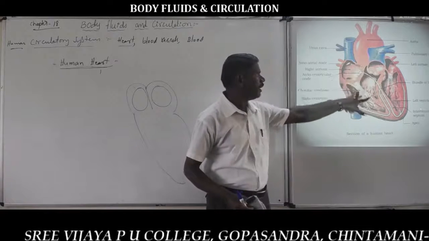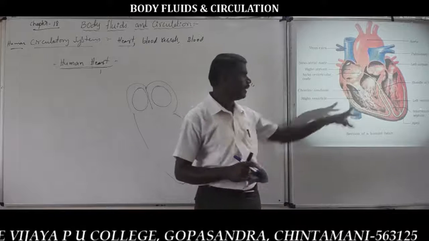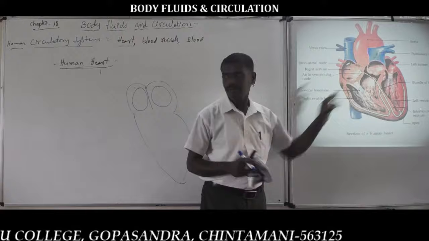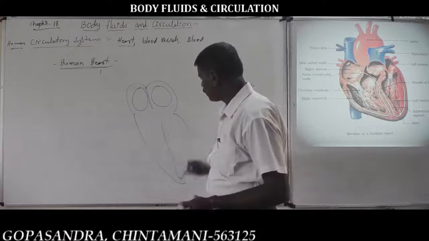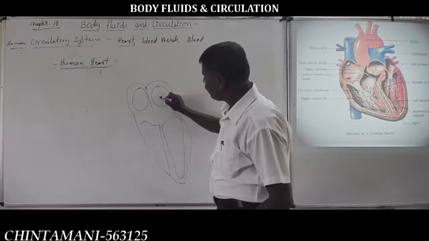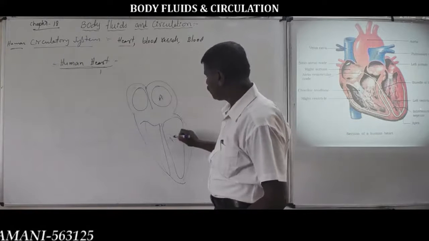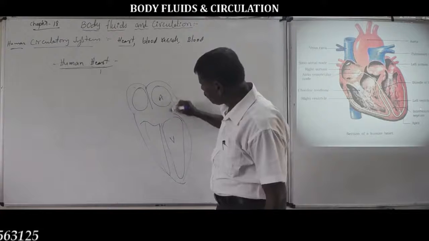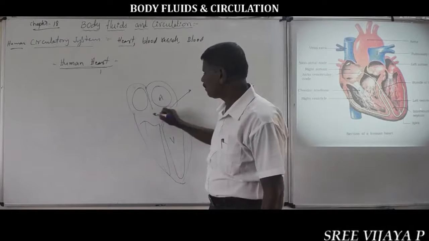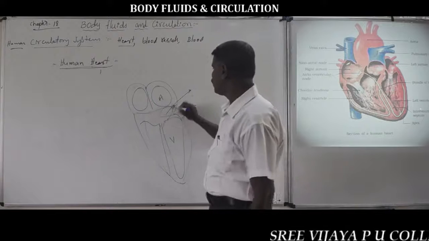The atrium and auricle, sorry, ventricle. Two ventricles. It is atrium, it is ventricle. The atrium and ventricle are separated by a wall, so it is completely a wall.